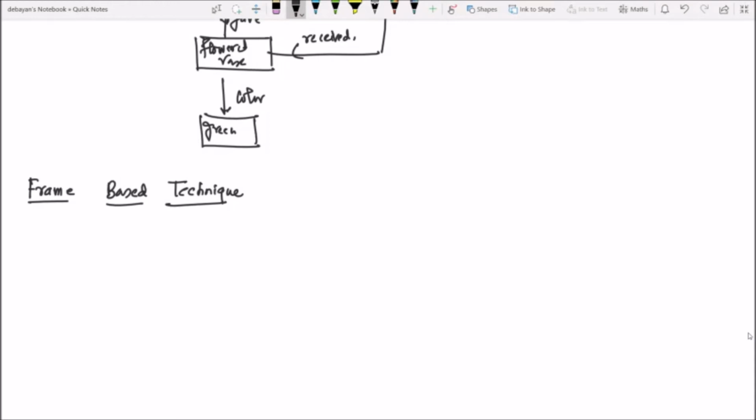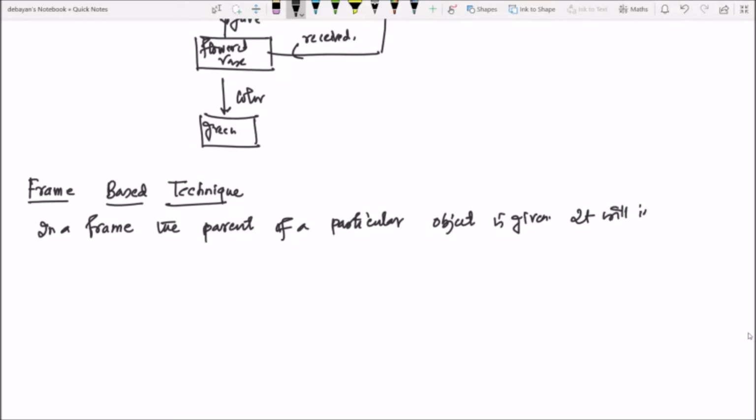In case of frames, frames are used to represent the knowledge, and in a frame the parent of a particular object is given, and it will inherit the properties of the parent.